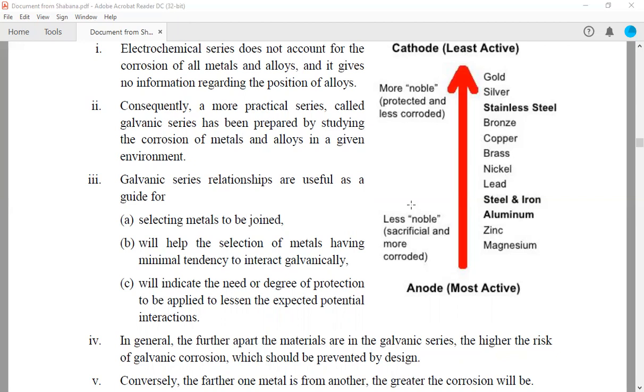This series is known as the galvanic series, which gives more practical information about the corrosive tendency of metals and alloys. The corrosive tendency may be influenced by other interfering factors. Thus, it is clear that corrosion occurs at the anodic part and the cathodic part is protected.